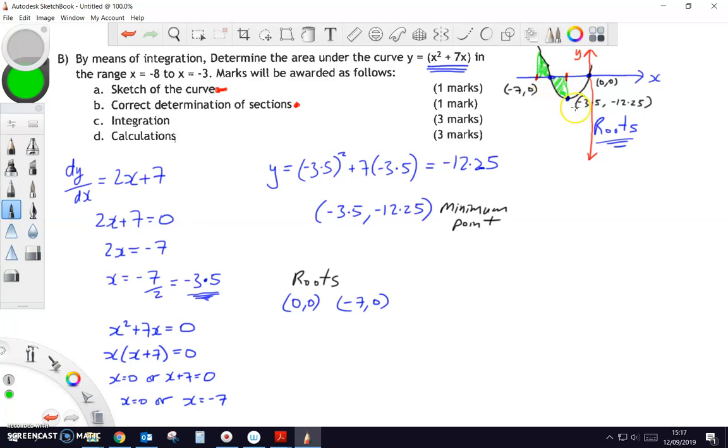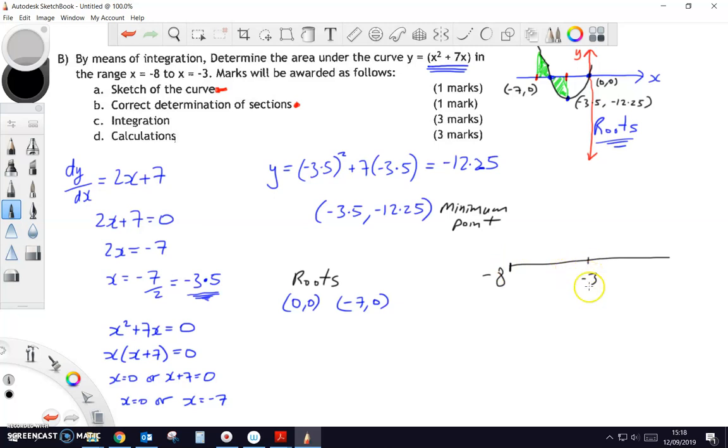So the area under the curve is going to be the sum of these two areas. So we're going to have to integrate from x equals minus 8 as far as x equals minus 3.